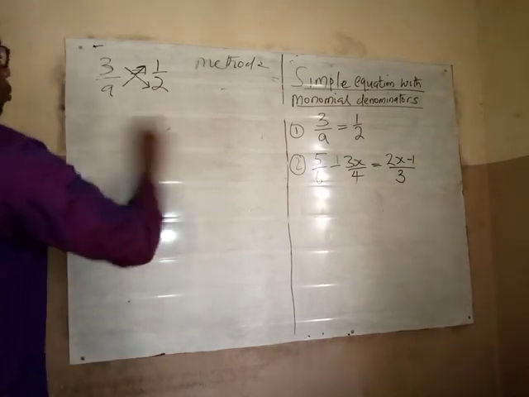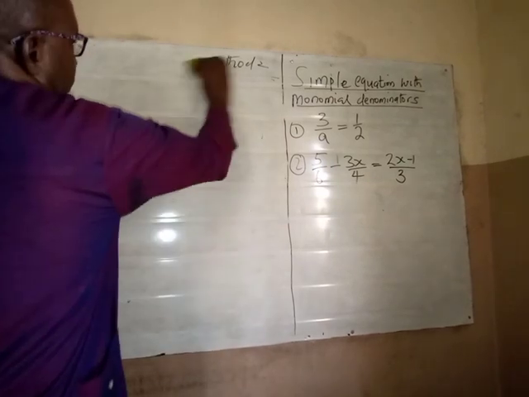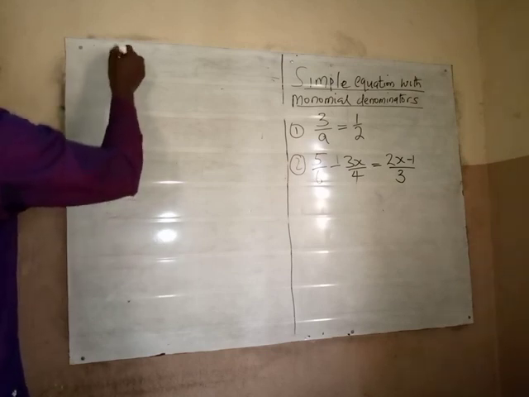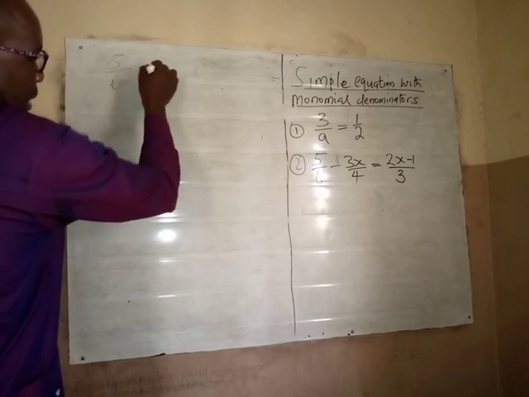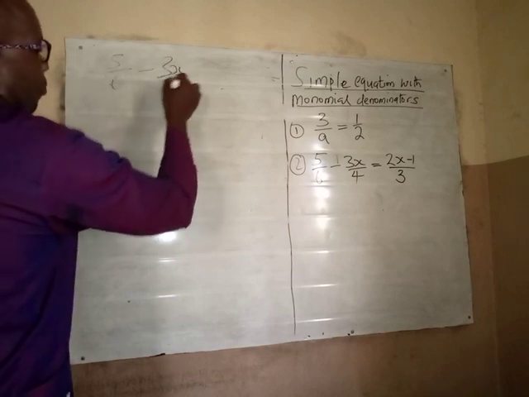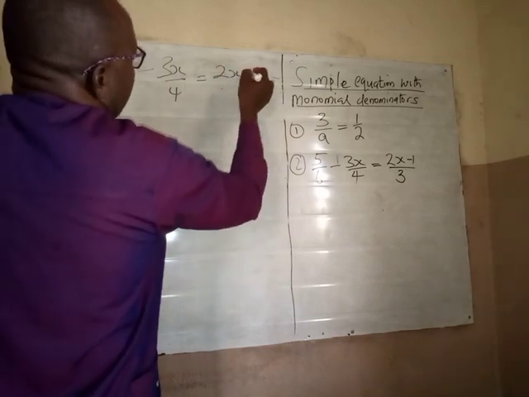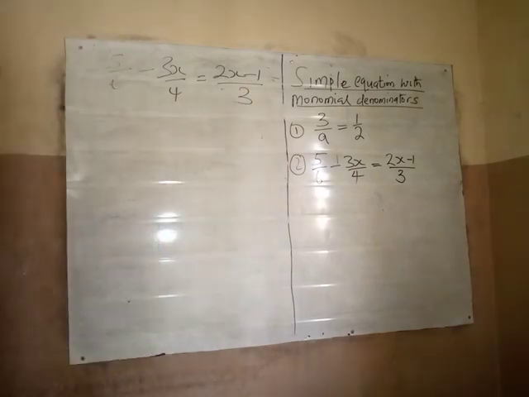So let us take question 2 of this problem. Question 2 has to do with 5 over 6 minus 3x over 4 equals 2x minus 1 over 3. We look for the LCM.